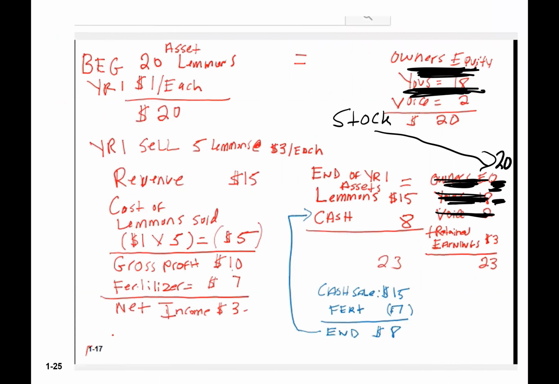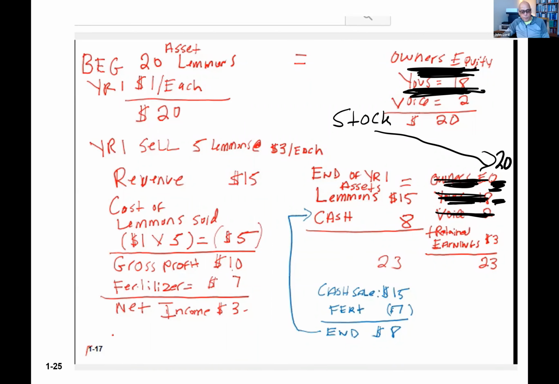So when you did the calculation for the cash sale and the fertilizer, and it ended with $8, and then the arrow points to cash, I assumed it was going to be the difference, because it was the end of $8 and the revenue was $15, but you added it. Can you clarify why you did that for me?